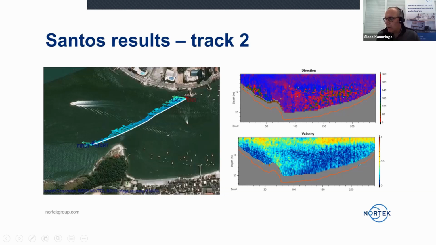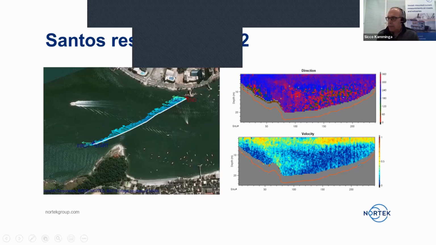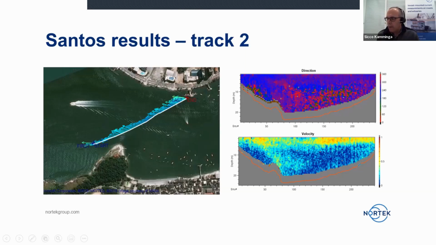If you go to the flow velocities again, depth along the y-axis and the ensemble number, so basically distance, along the x-axis. This distance is altogether almost 600 meters, so that takes a couple of minutes to make the trek. You see that the flow on the lower part is actually quite small, again some tens of centimeters a second, where we have a little higher flow on the top.